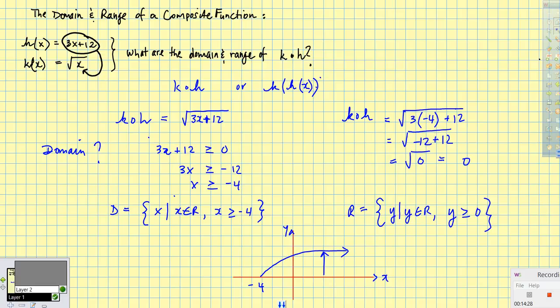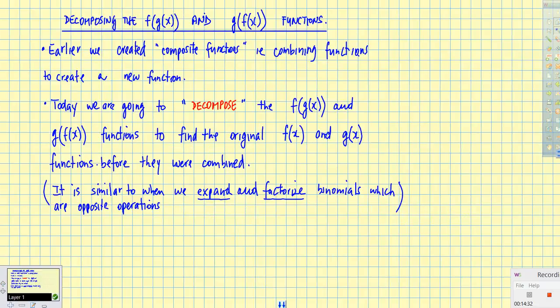Okay, so moving on, we're just going to do very quickly a decomposition. Now, decomposing functions is really the opposite of the composition of functions. So when we decompose f of g of x, we're bringing it back to the original f of x and g of x functions before they were combined. It's similar to when we expand and factorize binomials.